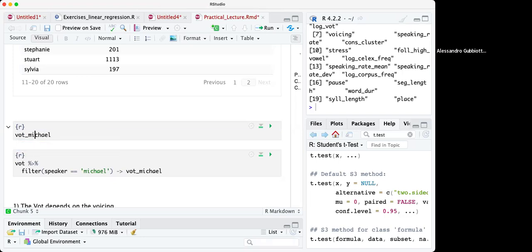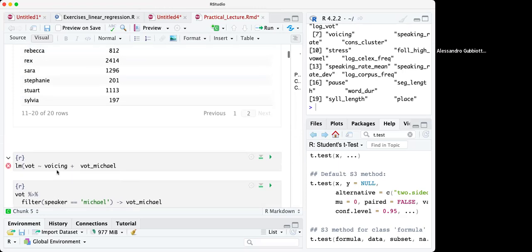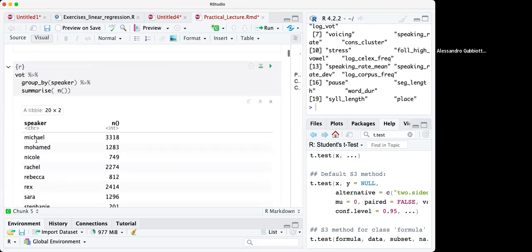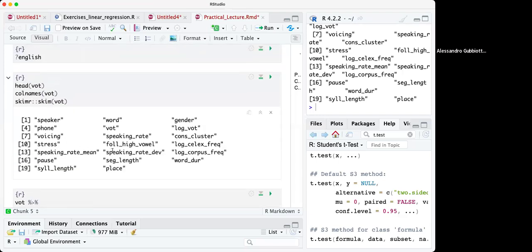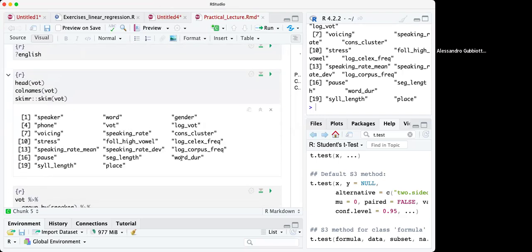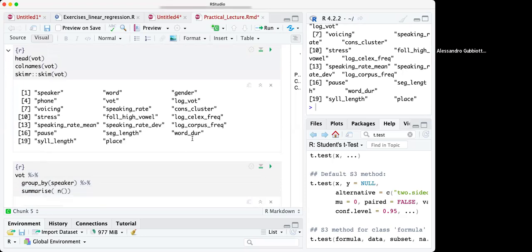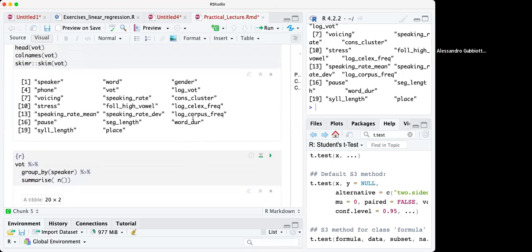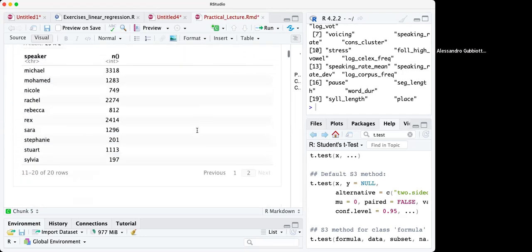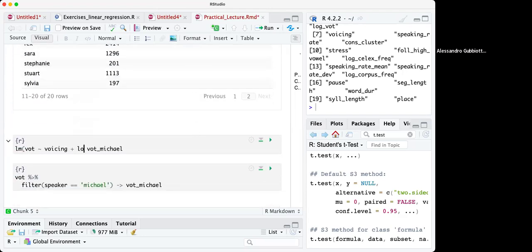Let's try to do a linear regression, trying to predict the vocal onset time using the voicing of the consonant, the mean speaking rate, and the corpus frequency, so the logarithm of the corpus frequency.